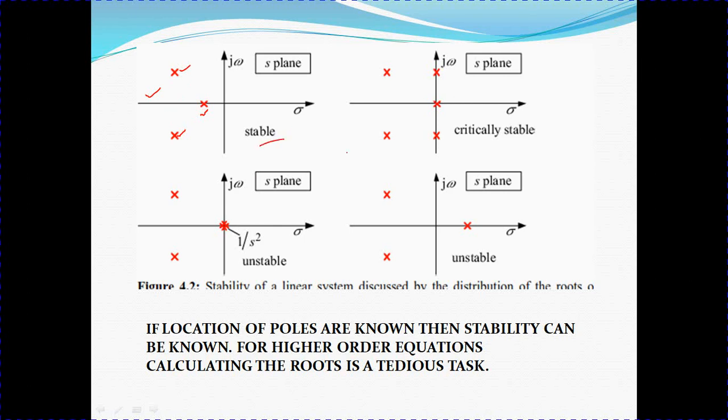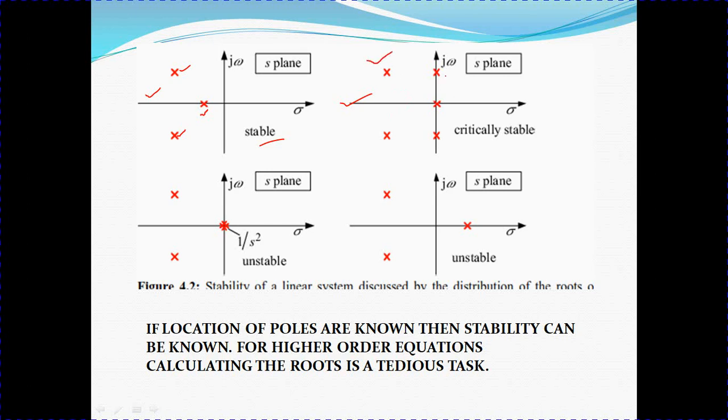Similarly, now see in this diagram how many poles are there in this particular system. Here it consists of 5 poles, which are marked by a cross. So 2 poles are complex and they are located on the LHS.